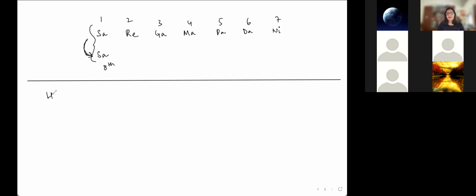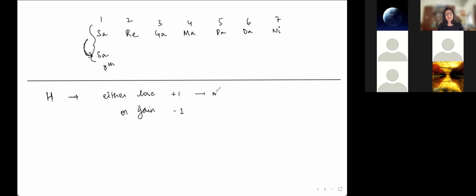What all do you know of hydrogen? It does not have any neutron, one proton and one electron. So to become a noble gas, it could either give its electron or gain an electron. So it could act as an alkali metal or a halogen. Correct. So it can either lose an electron showing valency of +1 or gain an electron showing valency of -1.